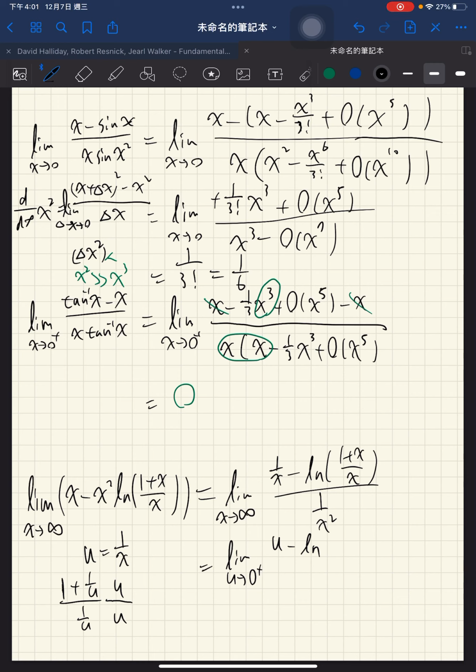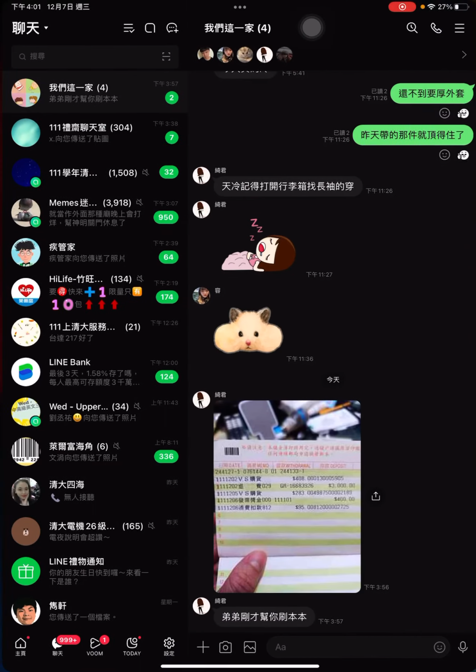So we will get natural log of 1 plus u, and we'll get u squared here. And this is the form that we can do Taylor series. So we can transform it into u minus, and we can check the Taylor series.